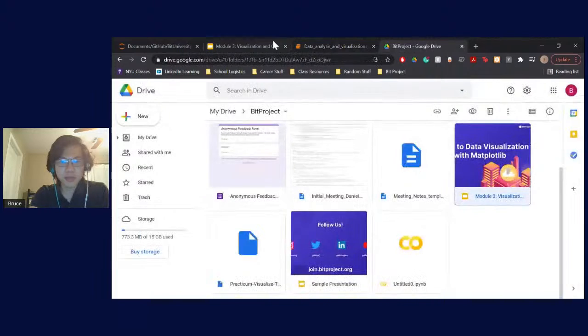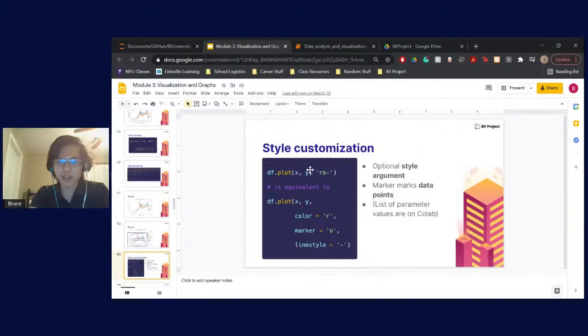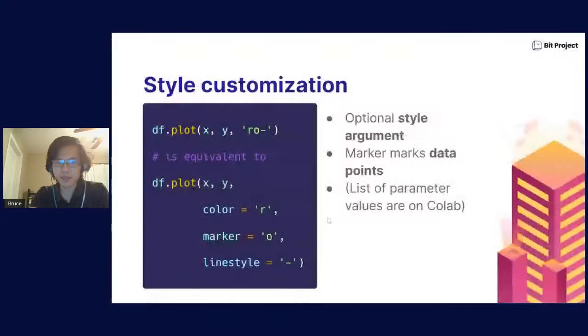Yeah. So passing it all in through one style argument is fine, but it's equivalent to passing in parameters with the names. So color is equal to r, marker is equal to o, line style is equal to dash, which is the same as passing in 'ro-'. Personally, I like to split it up because I think it's way more intuitive. And also you don't have to worry about positioning, what order your parameters are in.